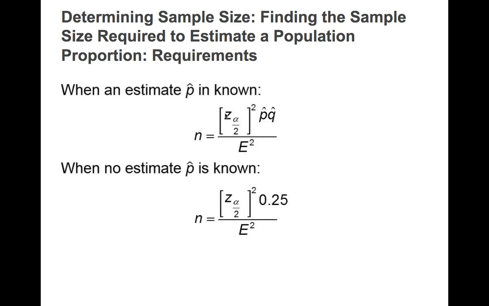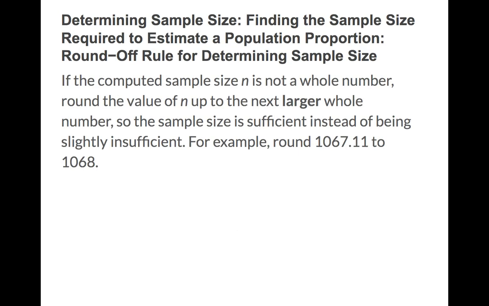Okay. Both times we have the critical value squared and the margin of error squared. Now remember, the margin of error is going to be a decimal, not a percent. So if I say what's the probability we're off by no more than 3%, we need to convert that 3% to 0.03. Okay. So let's do it.